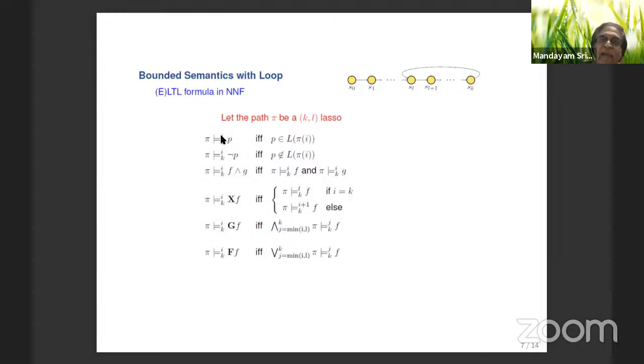So that's why I'm introducing I. You should read this as the definition for satisfaction of a formula on the suffix of the path pi starting from I, with a bound of K. If it is a predicate, an atomic LTL formula, then this bounded satisfaction is true if pi at I is labeled with P.